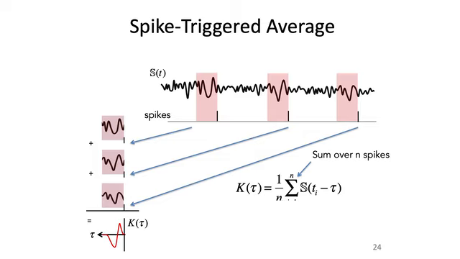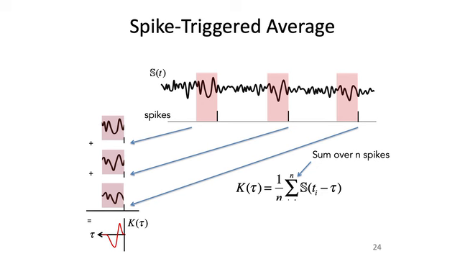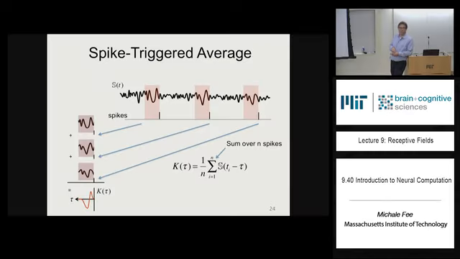We take the stimulus at those times minus some tau, and we average over all the n spikes that we measured. That k of tau is going to be the spike-triggered average, and in many cases, it's actually the linear kernel.